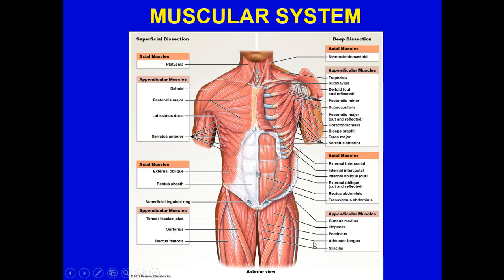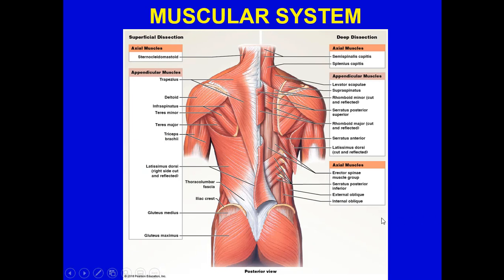And then, of course, we've got the quadriceps group, and we'll get into that in a bit. Notice that this is the difference between the superficial dissection and the deep dissection. So when you pull away a lot of the muscles here, you see a lot more detail, how they play a role and combine to give you movement, etc.